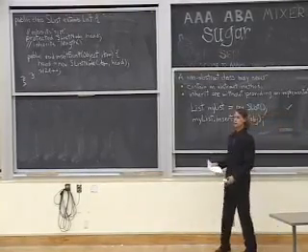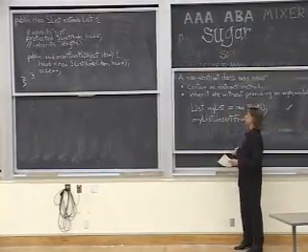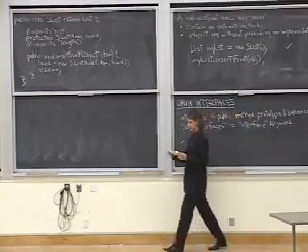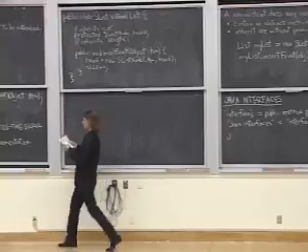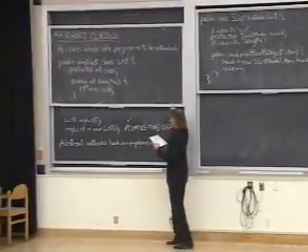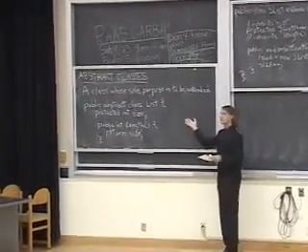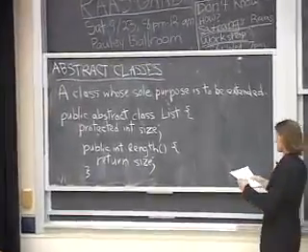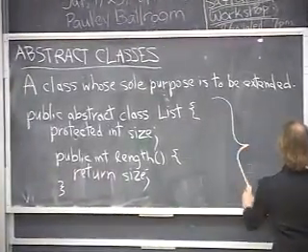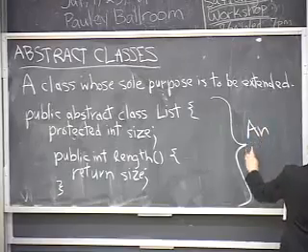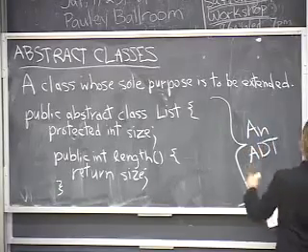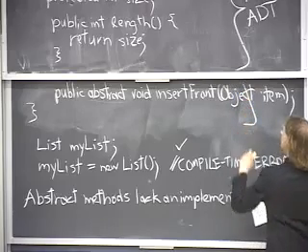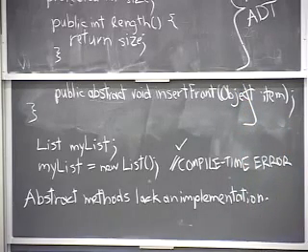Okay, let's get back to the question of what an abstract class is good for. I've said it again already, but I want to formalize it a little more. First of all, I want to point out something, that this list class doesn't have a complete implementation, and yet it is still an abstract data type. This whole thing is an abstract data type. Well, when you throw in the behaviors.